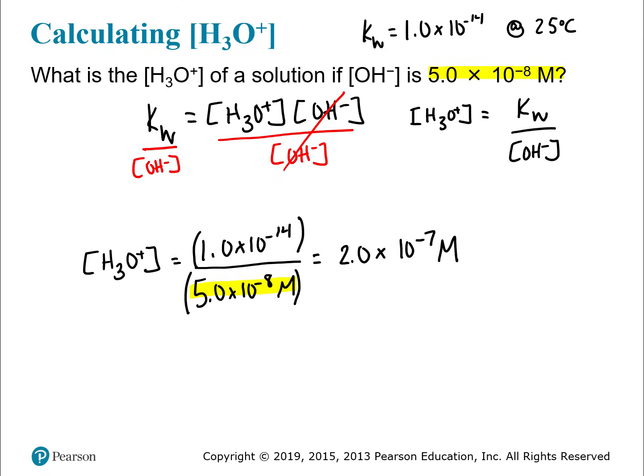Bonus question: is this an acidic solution, basic solution, or neutral? A neutral solution, both of these would have a concentration of 1.0 times 10 to the minus 7. We've noticed an increase in the hydronium concentration and a decrease in hydroxide.